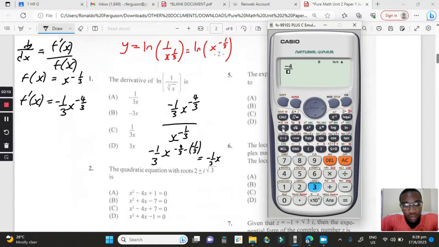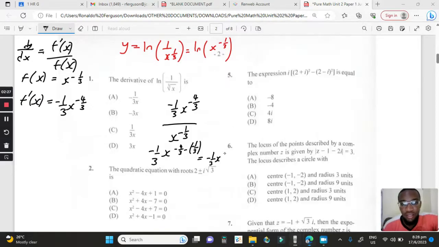Minus 4 over 3 subtract, in bracket, negative 1 over 3. Close the bracket. That's just minus 1. So anytime it's minus 1, it goes in the denominator. The answer is just negative 1 over 3x.